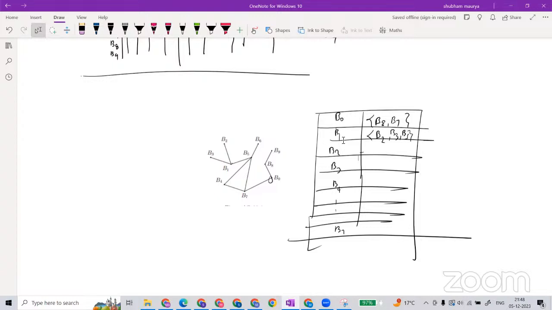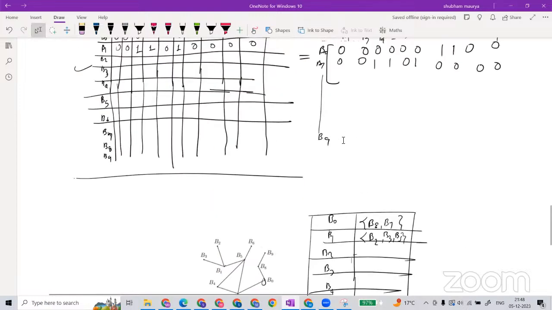This could be done without drawing the graph, since you cannot always draw the graph for any problem. So you can convert the graph into the form of an adjacency matrix. Generally we'll talk about the adjacency matrix. The list is generally not used, but the matrix is always used.